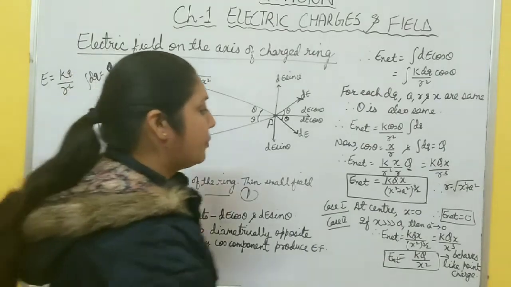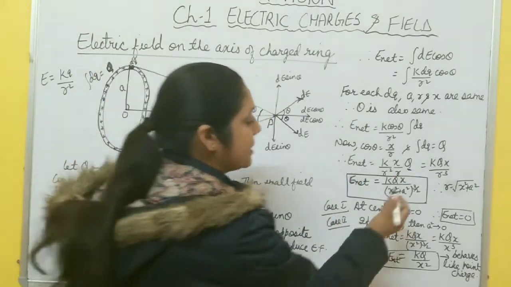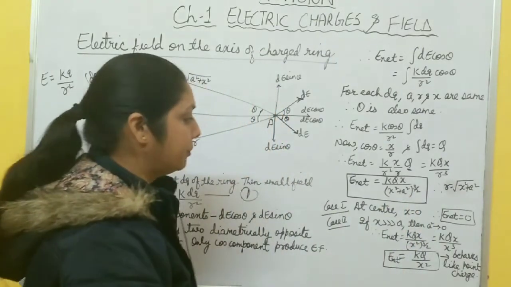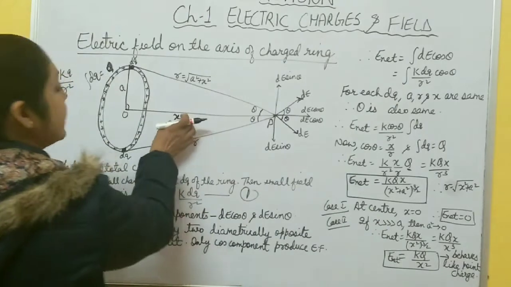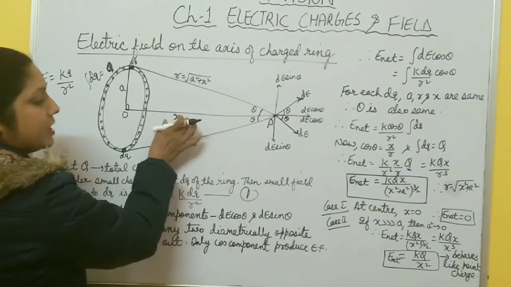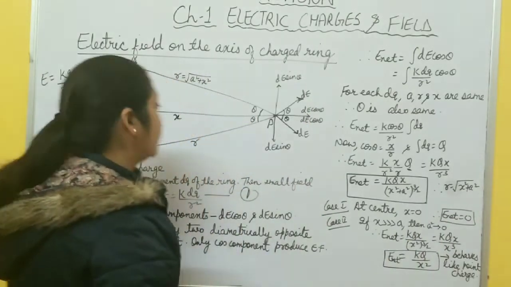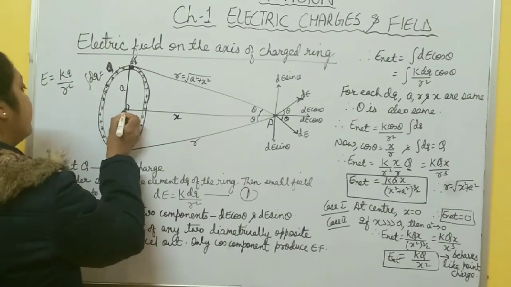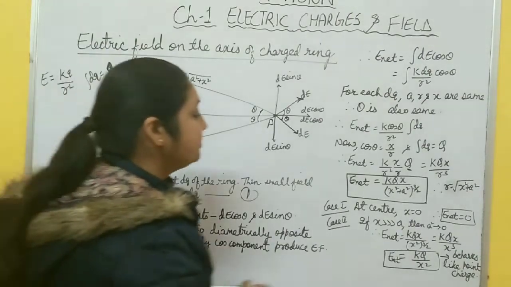You must remember this formula: E net equals kqx by x square plus a square to the power 3 by 2. Now at the center, x is 0. If x is 0, E net is 0. So at the center of the ring, you must remember that the total electric field is 0.